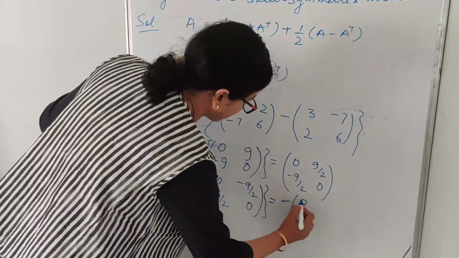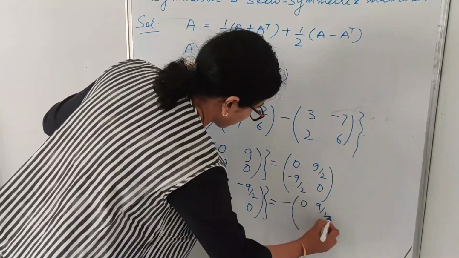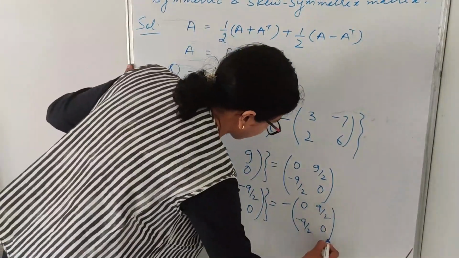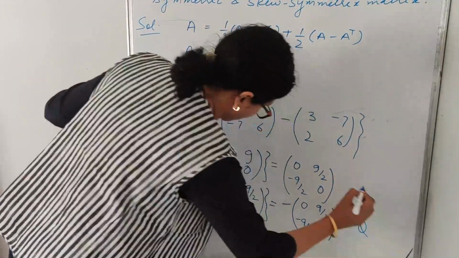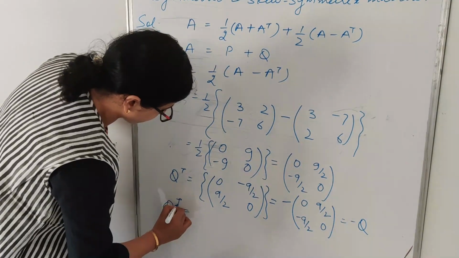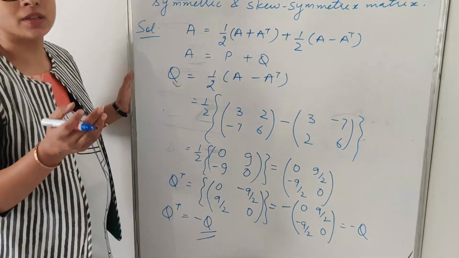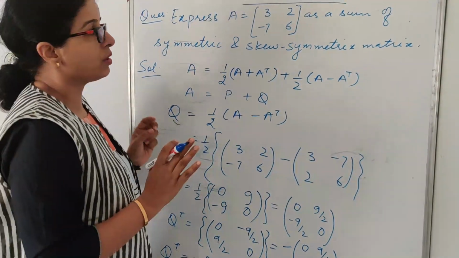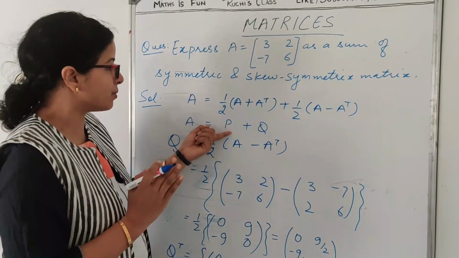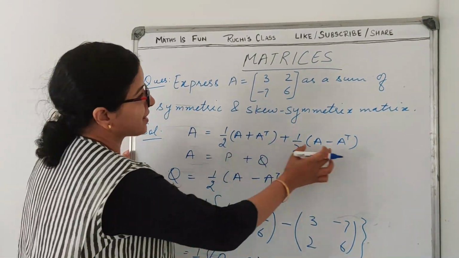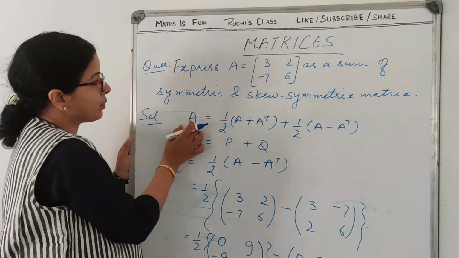So you are getting 0, 9 by 2, minus 9 by 2, 0, which is equal to minus Q. So my Q transpose is equal to minus Q. It means Q is skew symmetric. Okay. So I have got P as symmetric, Q as skew symmetric. It means their sum will be equal to A.